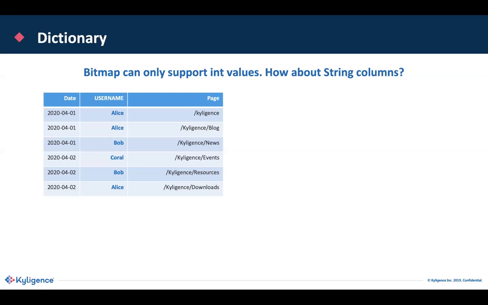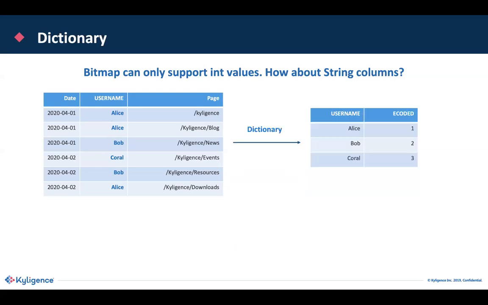To solve this, Apache Kylin introduced the concept of dictionary. Dictionary is a common encoding method which converts character strings into numbers by one-to-one mapping. So for example, in this table, we have the username stored as a string type. And then we use the dictionary to map the string to integer.